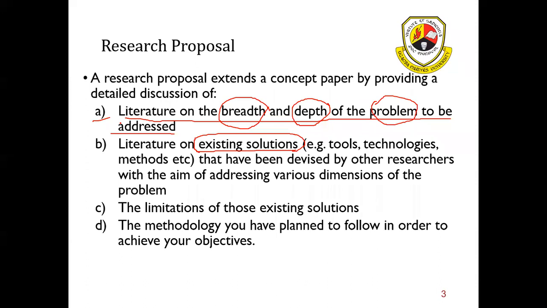So this is another reason why we review literature. In your argument for why you're developing a solution, you need to point out the limitations of those existing solutions, that it necessitates you developing one.